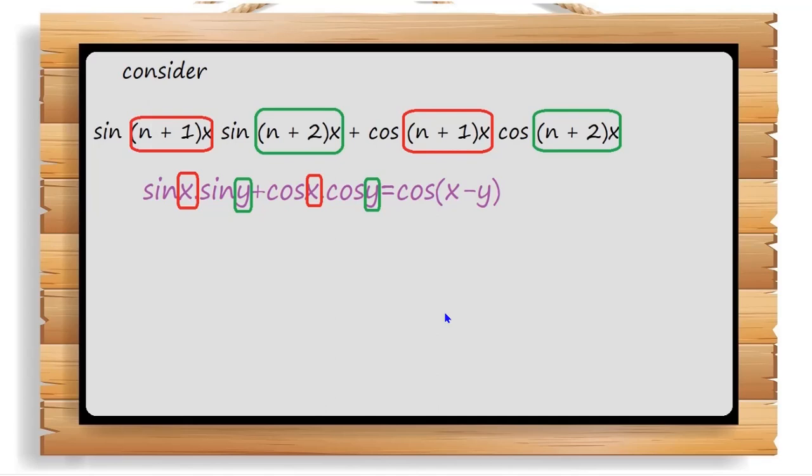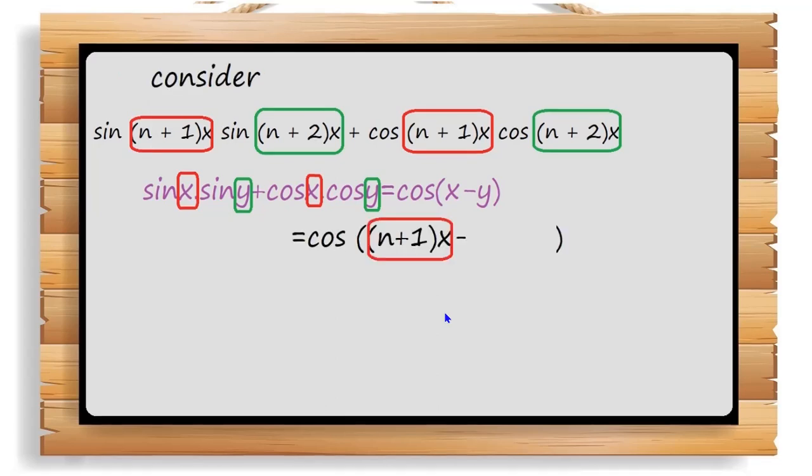What is x here? x is (n plus 1) into x. What is y? (n plus 2) into x. That is cos of (n plus 1) into x, the term in the red box. Similarly, the term in the green box is (n plus 2) into x.